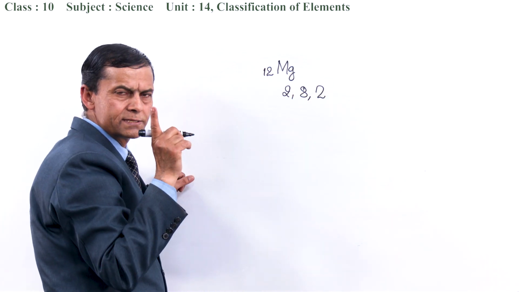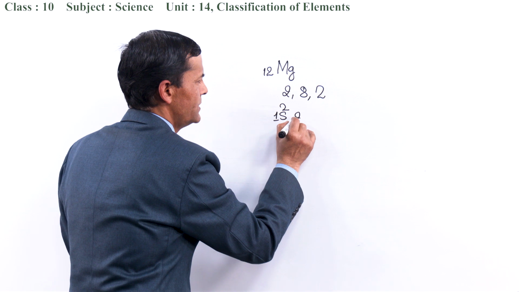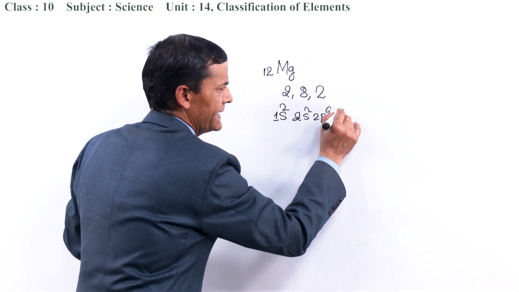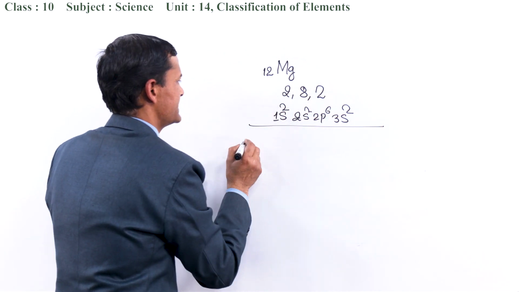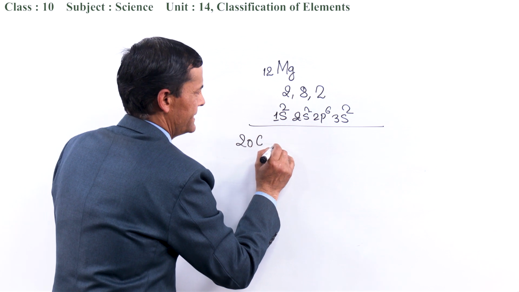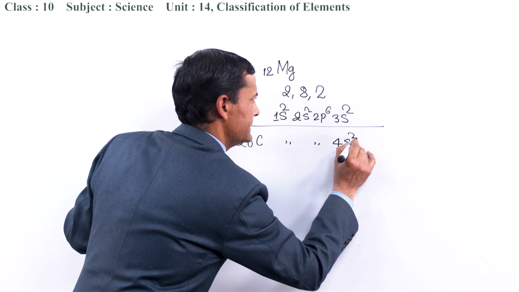This is shell electron configuration. Now subshell electron configuration is 1s2, 2s2, 2p6, 3s2. Remember, magnesium has 3s2. Similarly, calcium, 20, has the others same, here it will be 4s2, isn't it?